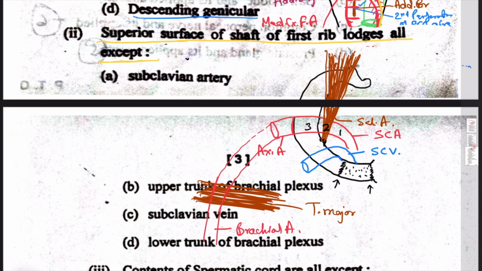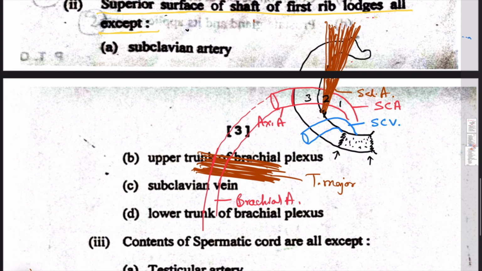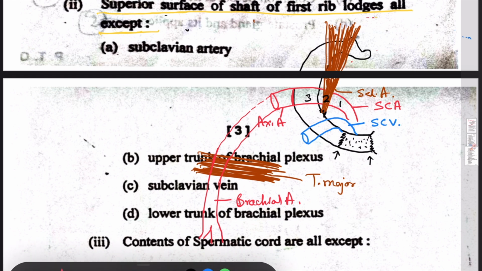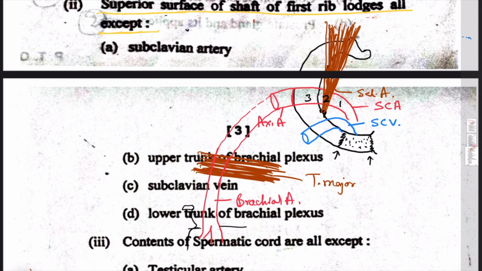Now, where does the brachial artery terminally divide into 2 branches? Let's say it's dividing into 2 branches. Where is this happening? Remember where it is branching, at this level, or you can remember it like this.